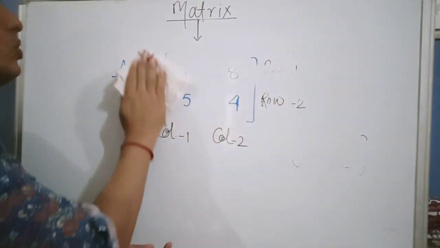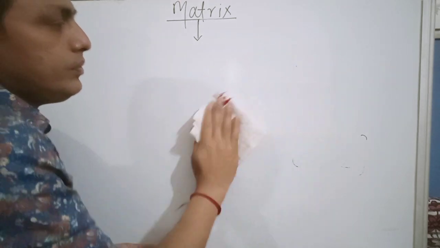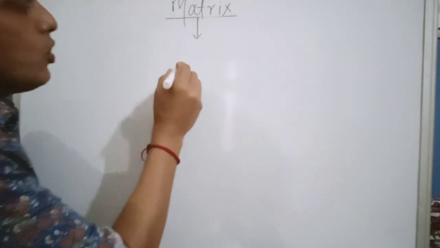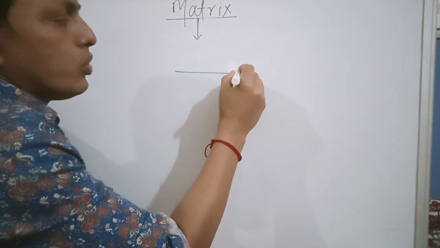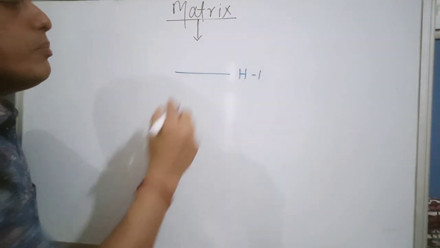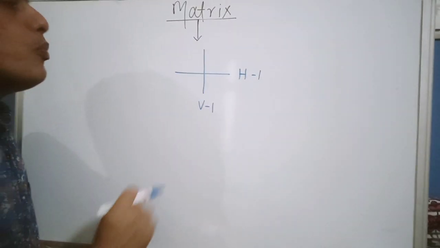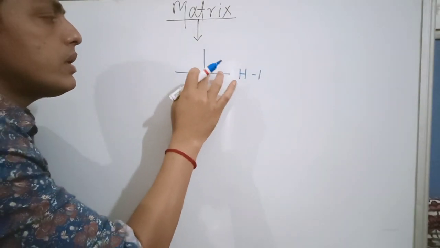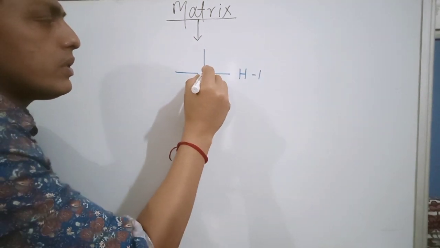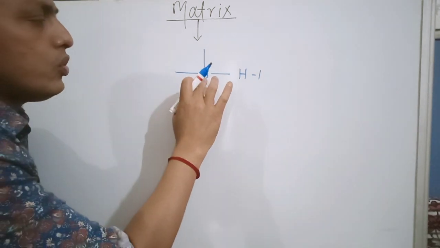So, see the second example. Minimum 1 horizontal line, minimum 1 vertical line. So how many points of intersection will be there? Only 1. So take any number. Ignore these lines.